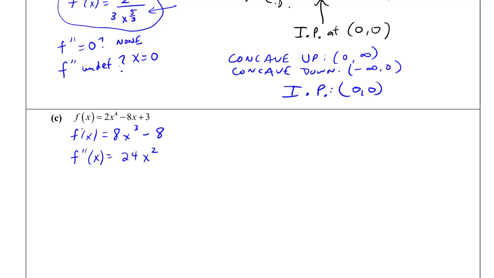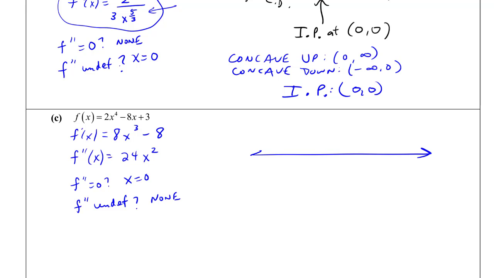Okay, so now I want to look again. When is the second derivative 0? When is the second derivative undefined? All right, when is it 0? Well, x equals 0, undefined, none. So I go to my chart. All I have is the 0 that we found.